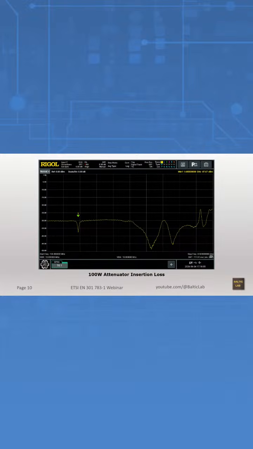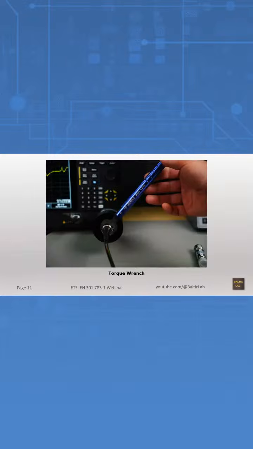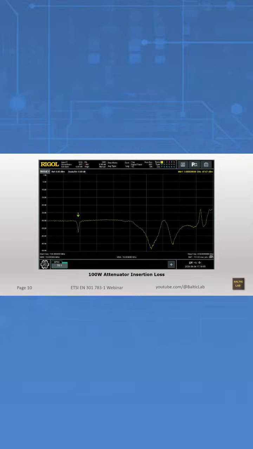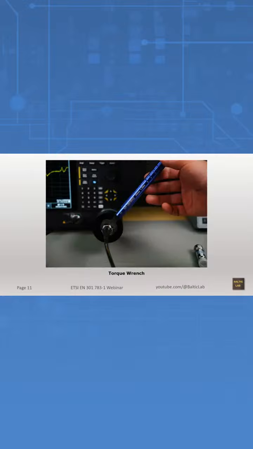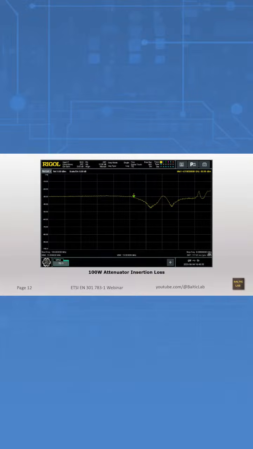So the question is, is this a poor quality attenuator? No, it's not. On to mistake number 2. End connections should be torqued, and most people don't do that. Even if you have monkey wrench hands, you are not going to tighten them to spec. You can over tighten them, they'll break eventually, but just this is measured beforehand, torqued, and this is measured afterwards.